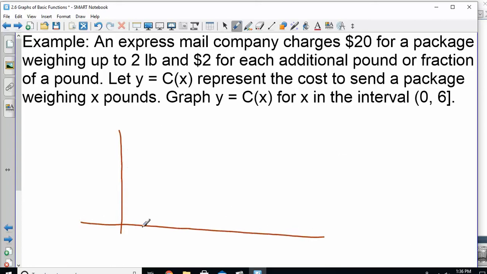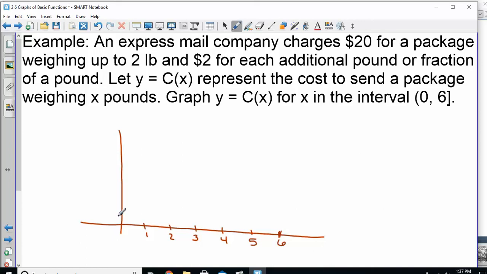My x's have to go all the way up to 6. What is the least amount I'm going to pay to mail this package? $20, right? So I need to make my y go past 20 for sure.